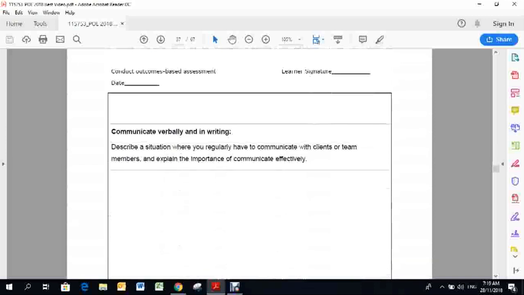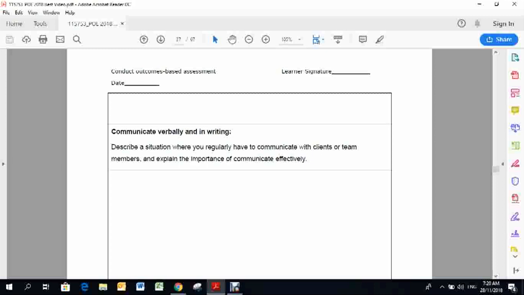We move on to the next one, where you need to indicate that you are able to communicate verbally and in writing. Obviously, you are writing this portfolio, so there is not much need of explaining. You can indicate that you're a facilitator if you're a facilitator. If you're a nurse, a doctor, or a presenter, indicate your job title, the job that you do, and say, I'm a facilitator, and part of what I need to do is to talk to the learners and write on the board or write in manuals.